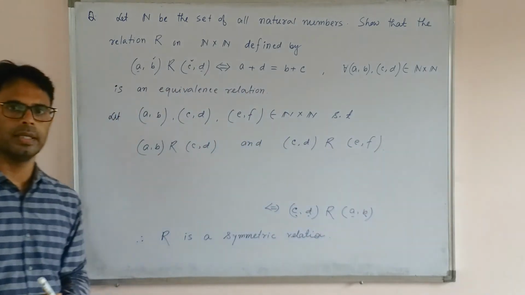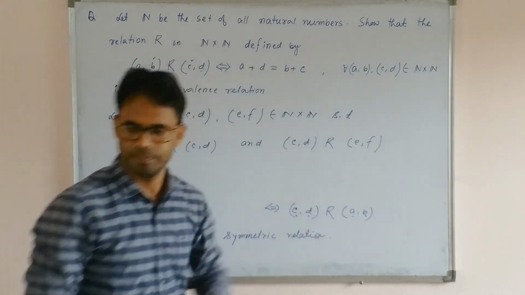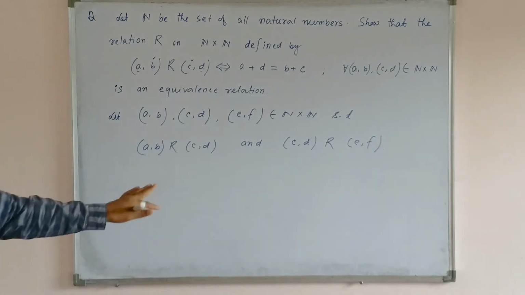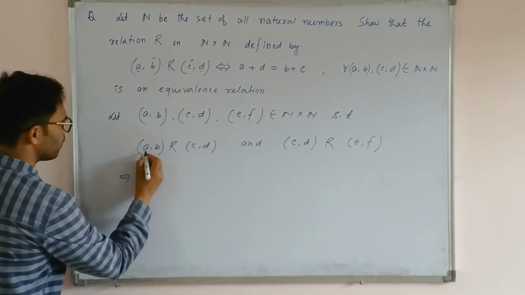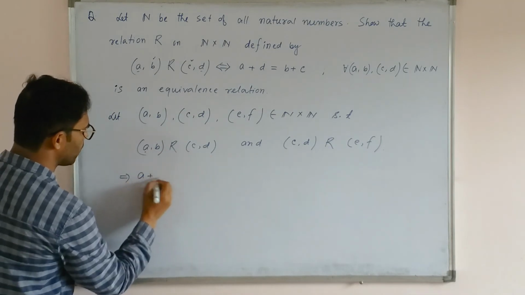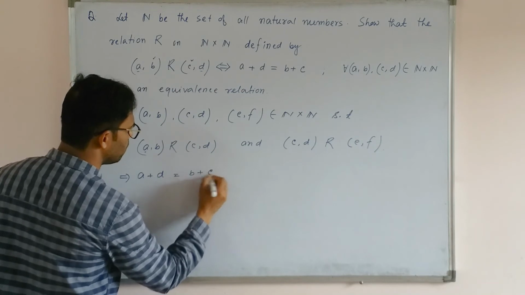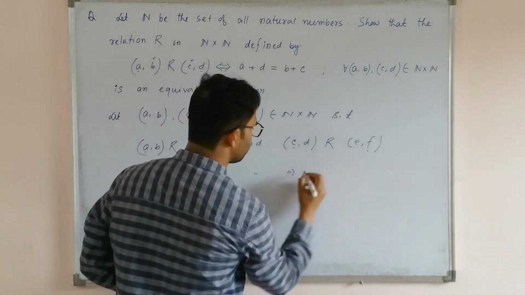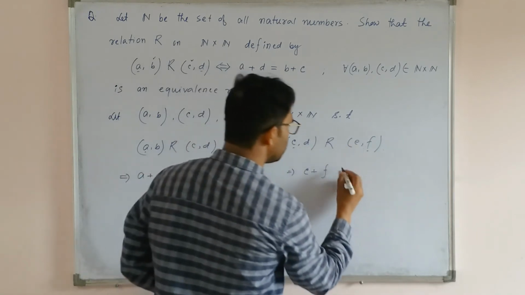Now our target is to check whether (a, b) is related to (e, f) or not. First break this down using the definition. This implies a + d is equal to b + c, and from the second, c + f is equal to d + e.